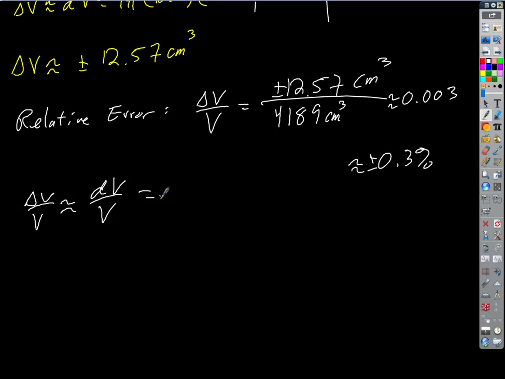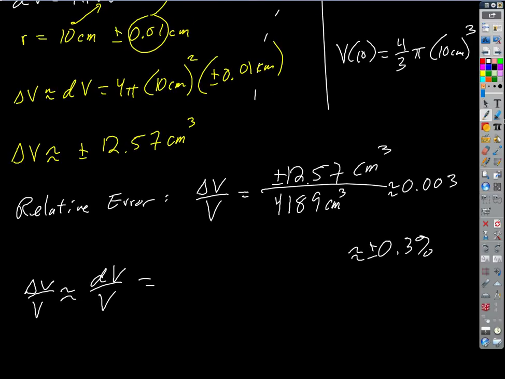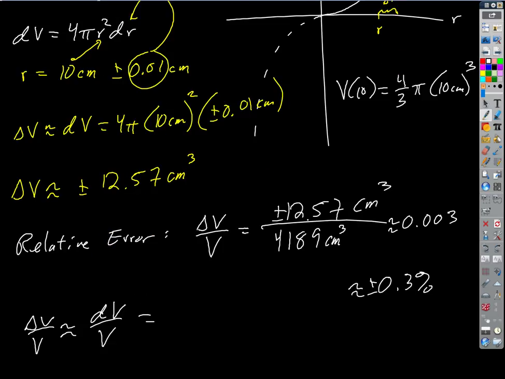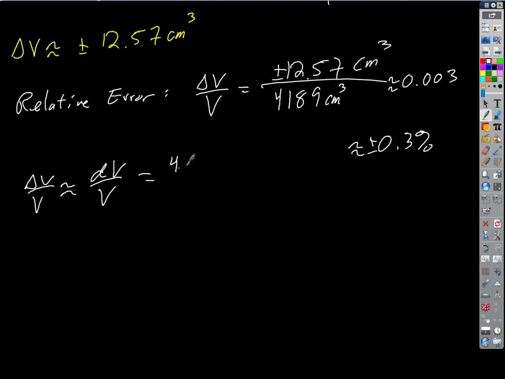And dV we calculated up here to be 4 pi r squared dr, right? What's V? 4/3 pi r cubed, right? Before I even plug in values for r and dr, what could I do to that expression?